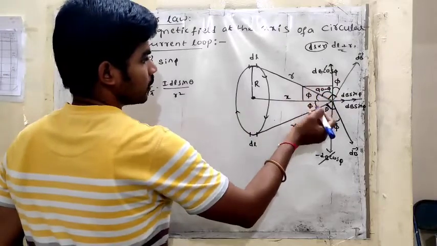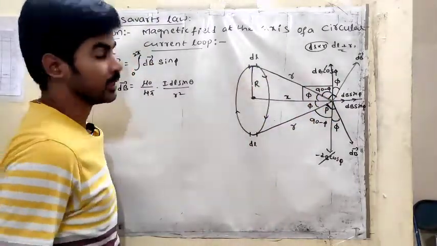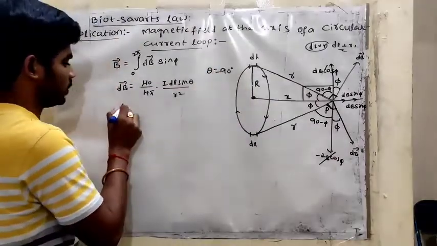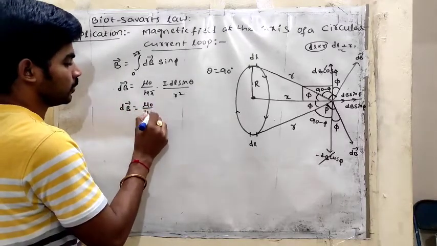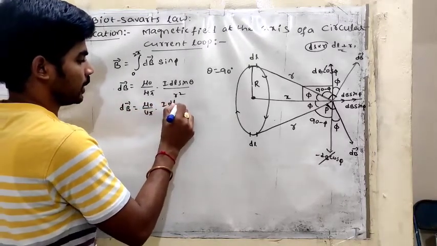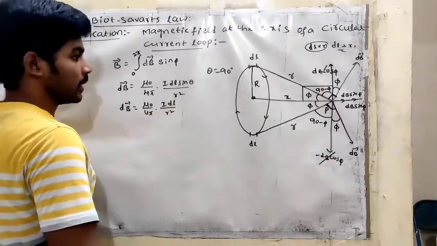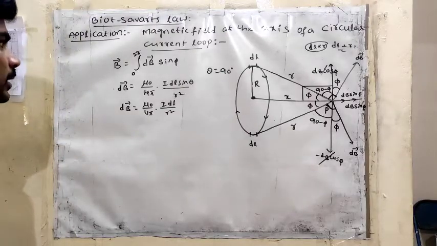Theta is perpendicular only, since dl and r bar are both perpendicular. So theta is equal to 90 degrees, which means dB bar is equal to mu naught by 4 pi into I dl by r square. So we have to calculate the dl value.